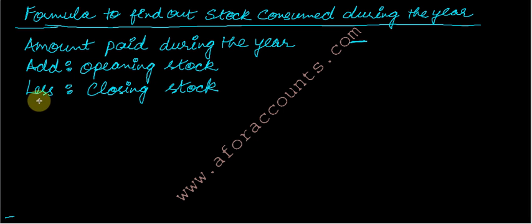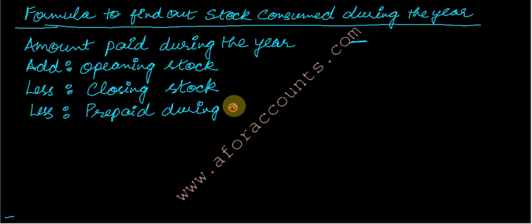Now you must have learnt a formula: add outstanding, less prepaid. So less prepaid during current year. And what about the previous year?